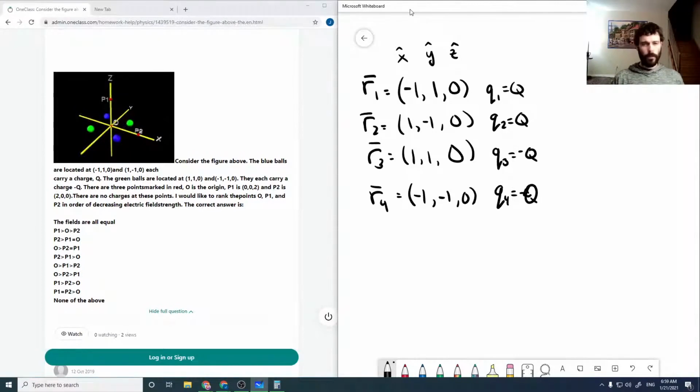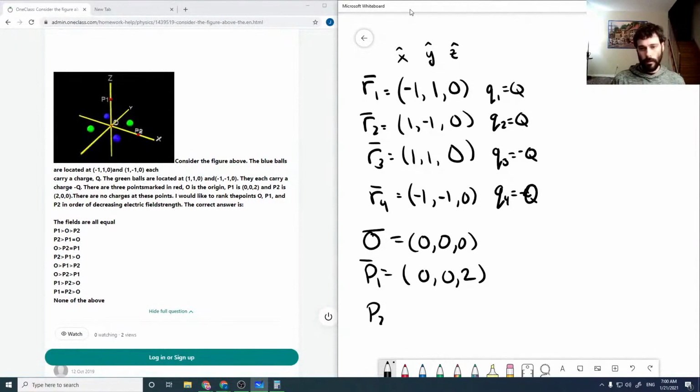The question is asking what is the proper ordering of the electric fields at points O, which is the origin, P1, which is 0, 2 along the z direction, and P2, which is 2 along the x direction.